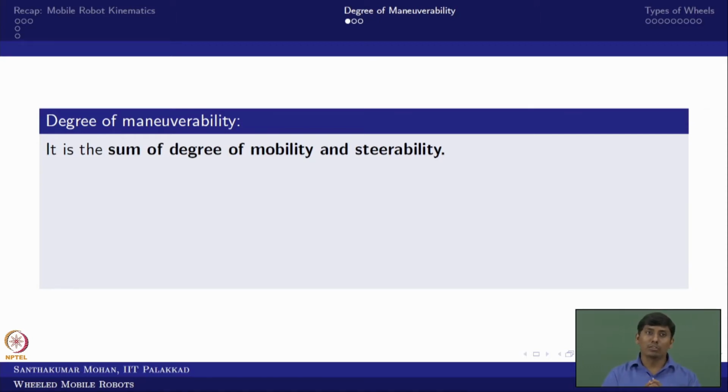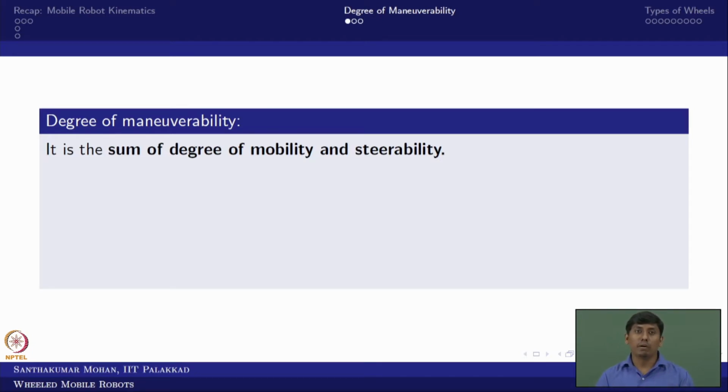But we are talking in the general perspective, in the sense that the system would have some mobility and steerability. That is what we call degree of maneuverability. Take a car with front wheel drive, where the front axle is power driven and also steerable.